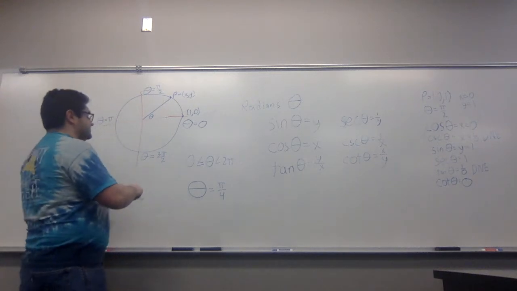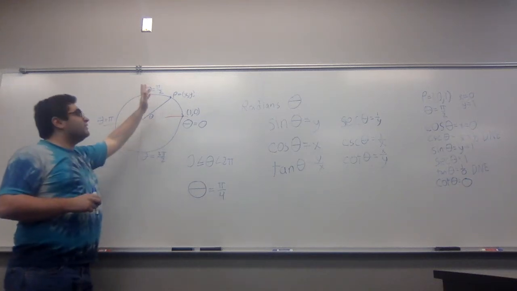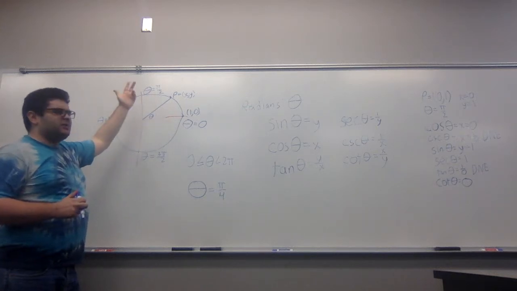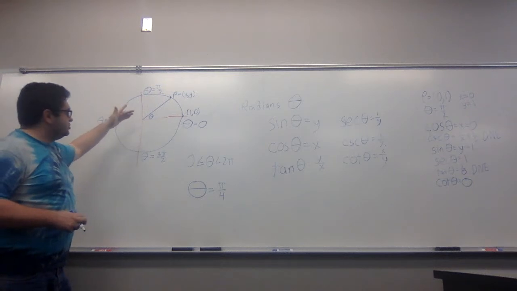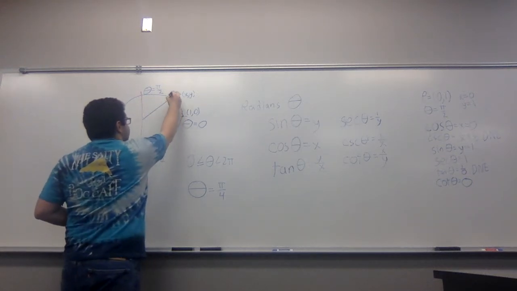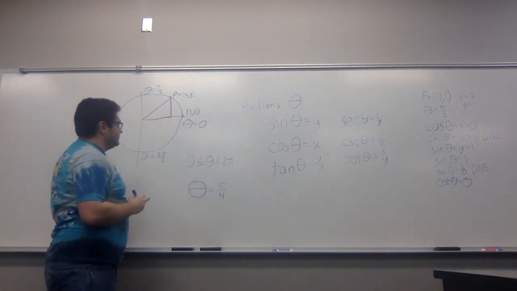One way to think about this is pi over 4 is about halfway in between 0 and pi over 2. So it'll be right around where I conveniently drew this line. The way that I would recommend doing this would be making a triangle like this.